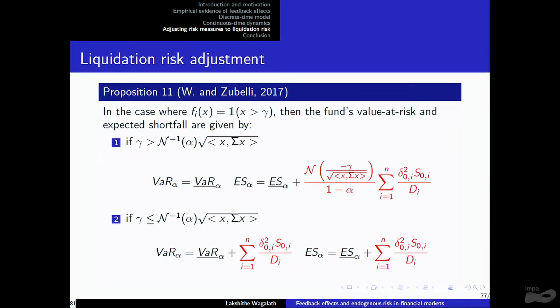And so what we see, so there are some cases, but let's look at the second line, which is probably the most interesting one, is that the value at risk in this model where you take into account liquidations is actually equal to the fundamental value at risk plus this term here, this red term, which is actually a quadratic term.